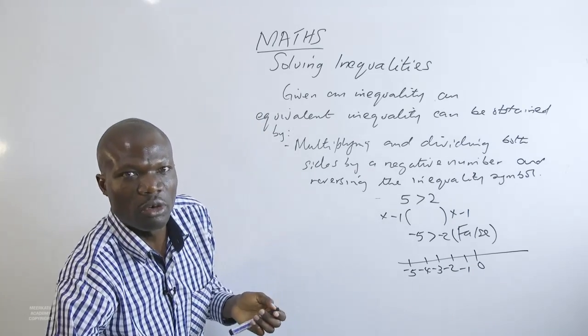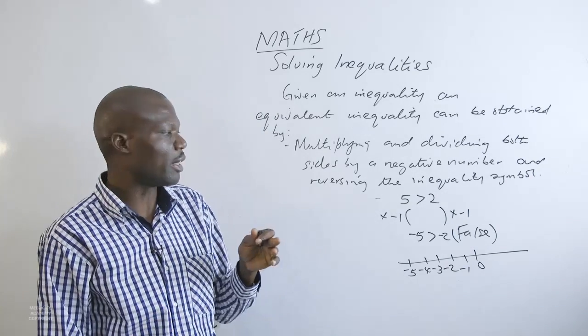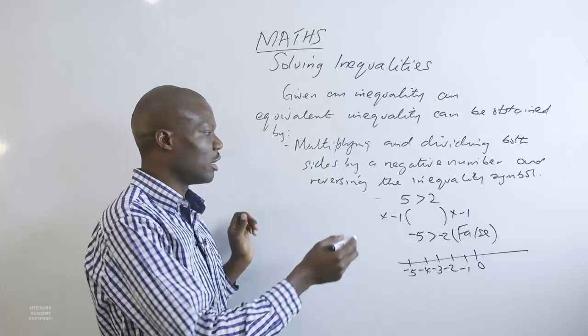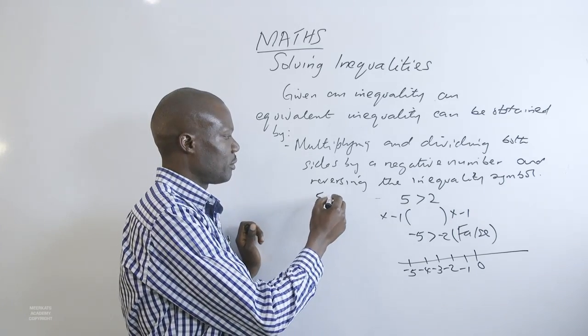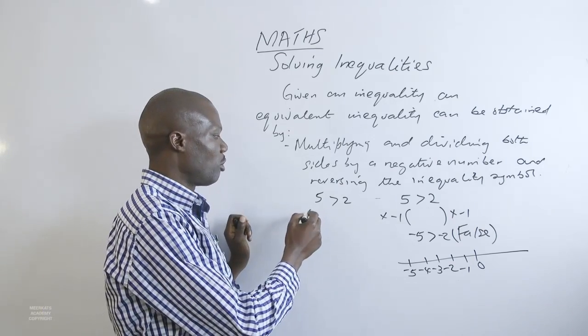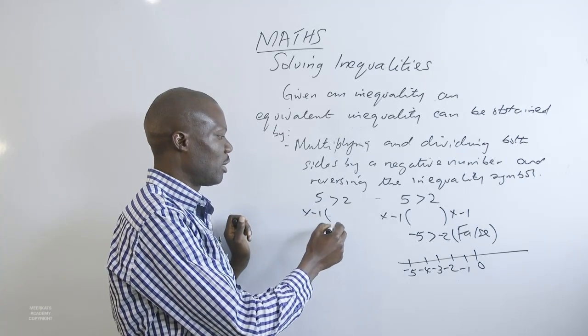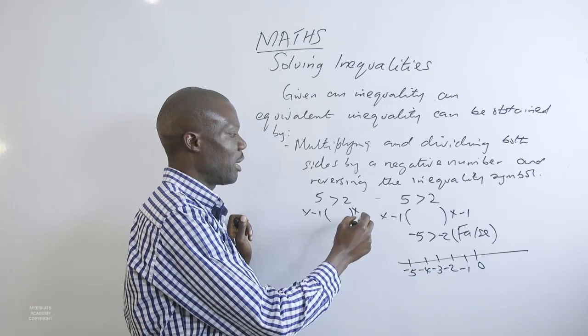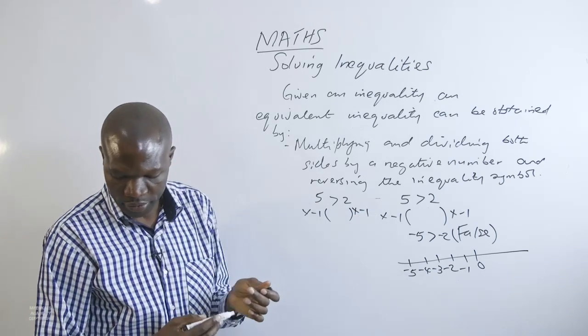If we reverse the inequality sign, will it give us the right explanation? Let's see. 5 is greater than 2, multiplied by negative 1, and then this side multiplied by negative 1.